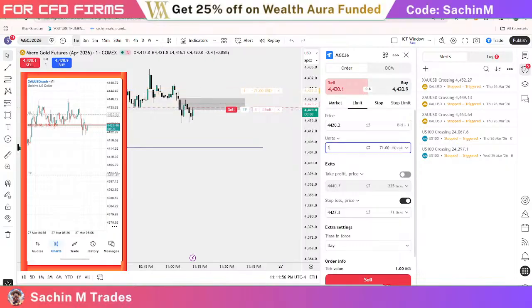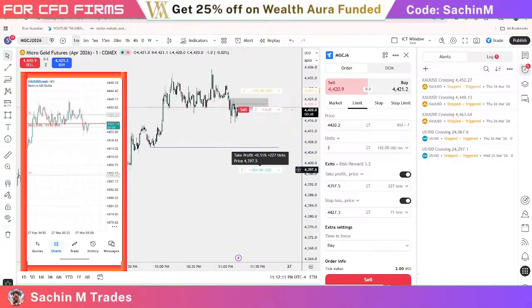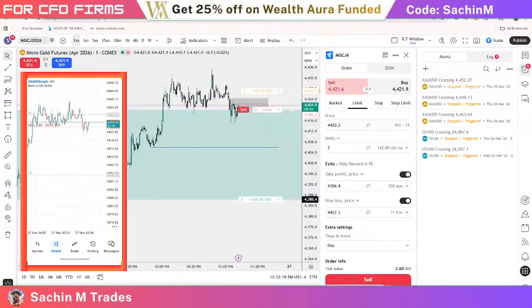It will be 2 units. I have to manage the units here. Okay, 1 is to 4. Let's go, 1 is to 4 is here. We will have our target there.